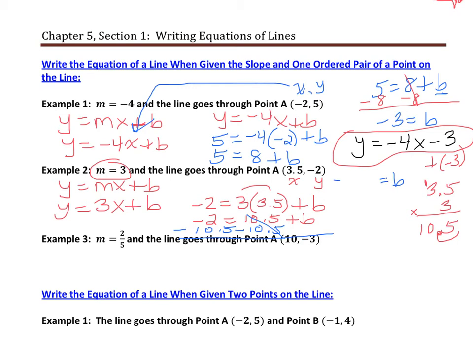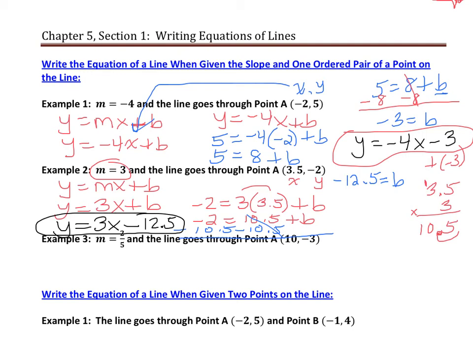Same sign. So we're going to end up with -12 and 5 tenths here. We add the numbers, keep the sign. Now to bring it all together, we've got y equals 3x for our slope, and our y-intercept is -12.5. And that is our equation.